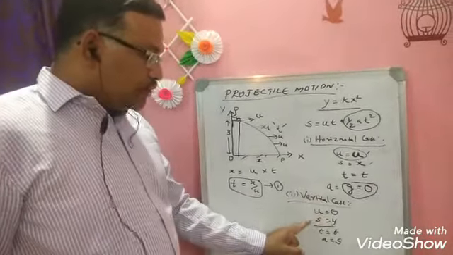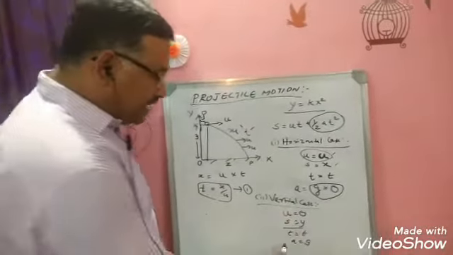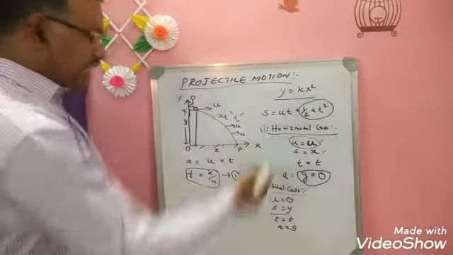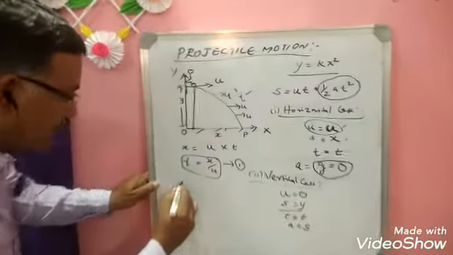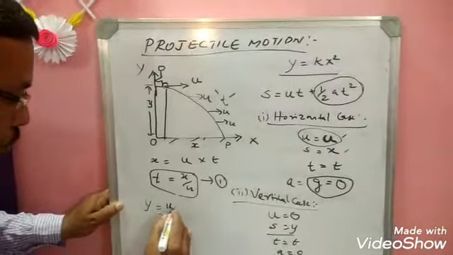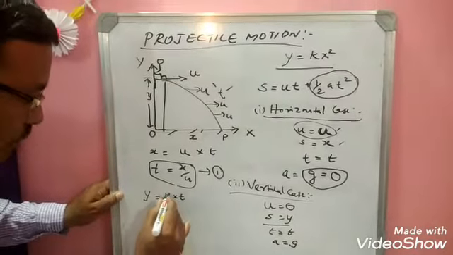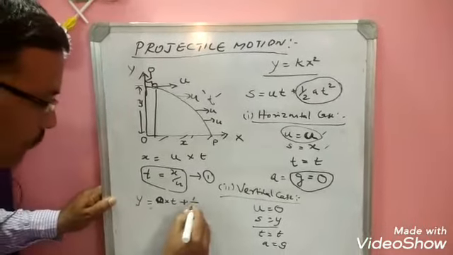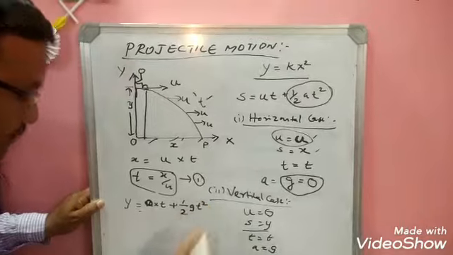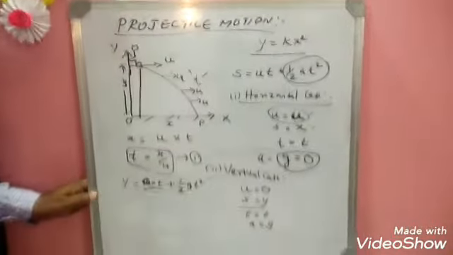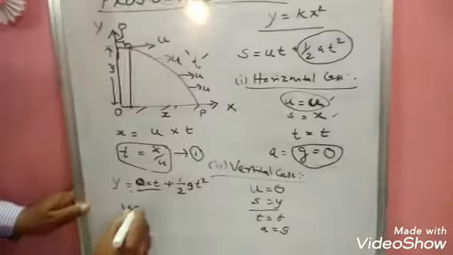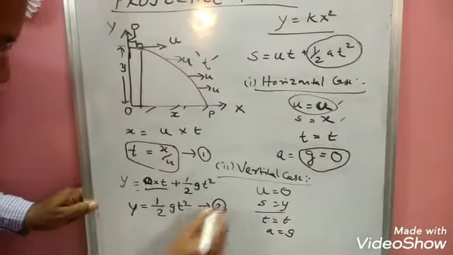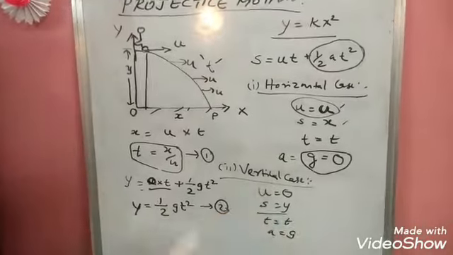Here u is equal to 0, S equal to y, t is equal to t, a is equal to g. Using these parameters in the second equation, what are we getting? y is equal to u into t, that is 0 into t, plus half g t square. So 0 into t becomes 0, that we need not write. So y is equal to half g t square only. This is equation 2. This we are getting using the vertical case.